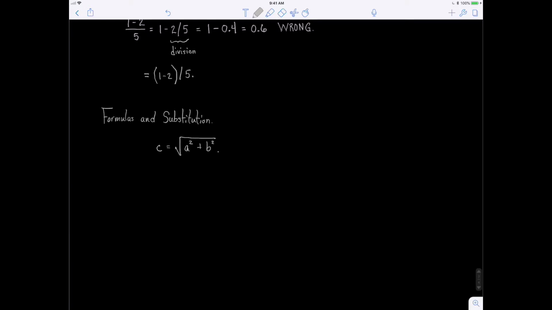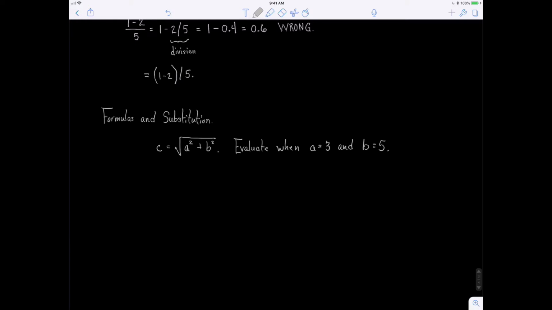And then I say evaluate this when, let's try this, a is 3 and b is 5. What that means is that you replace the letters with the numbers.